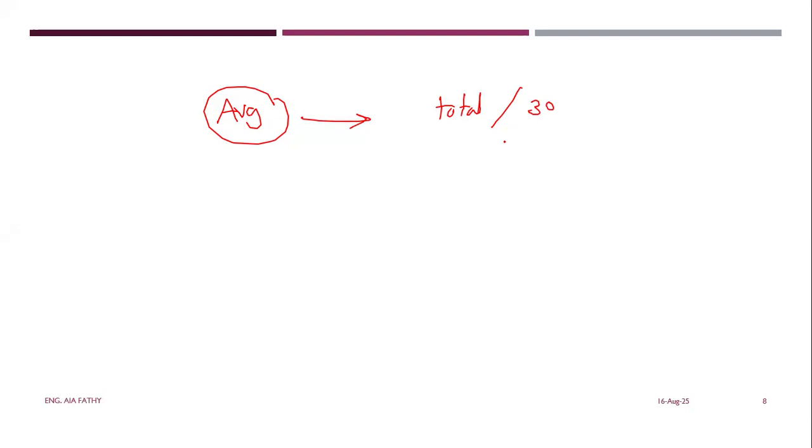According to the number, you will divide by the number. And we said before that when we calculate the average, and when you want to output or display the average, both of them must be outside the loop or after the loop.